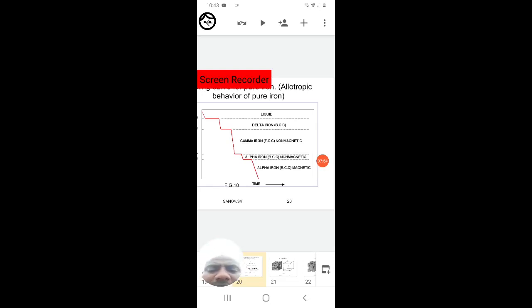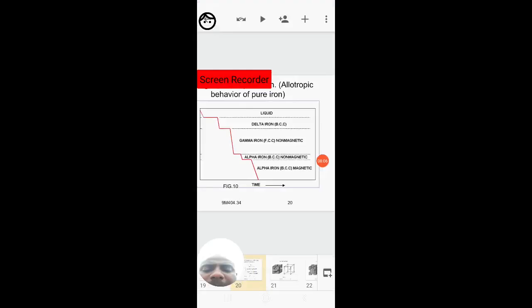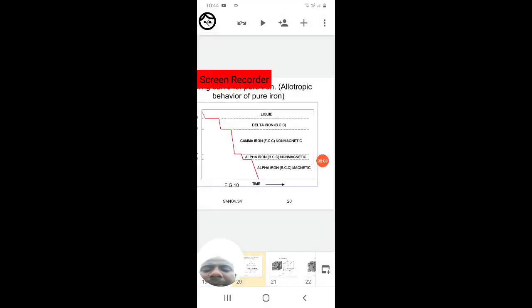This property is known as the allotropic form of iron. That is why it is useful: different temperatures give different types of iron, and we combine them with carbon. So different types of invariant reactions occur, and you study all the invariant reactions in the phase diagrams or equilibrium diagrams.